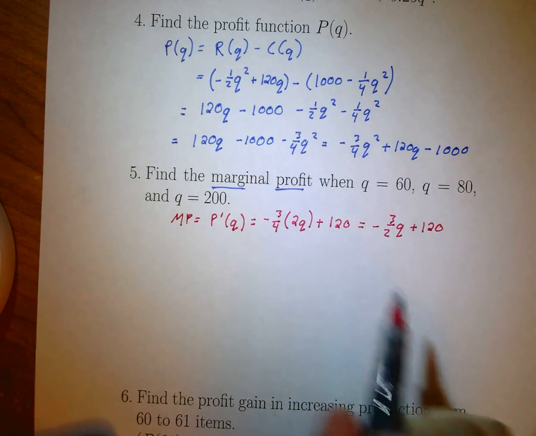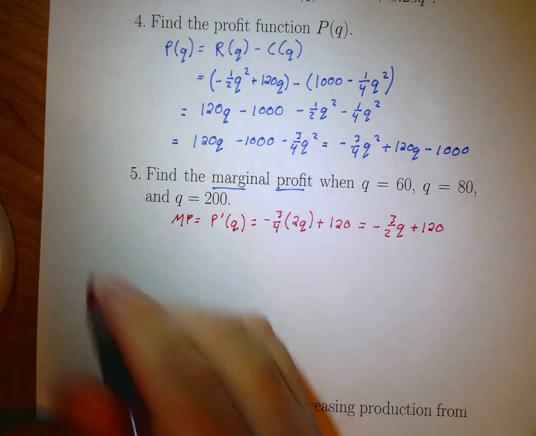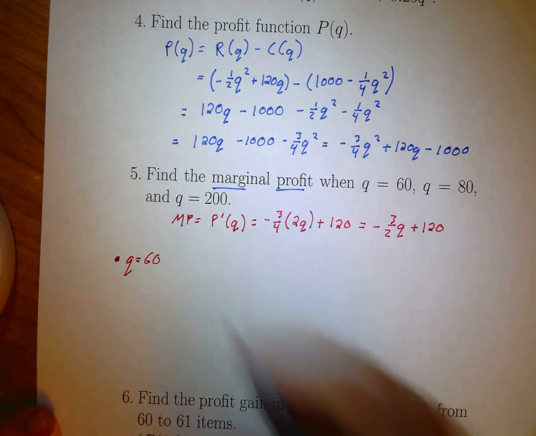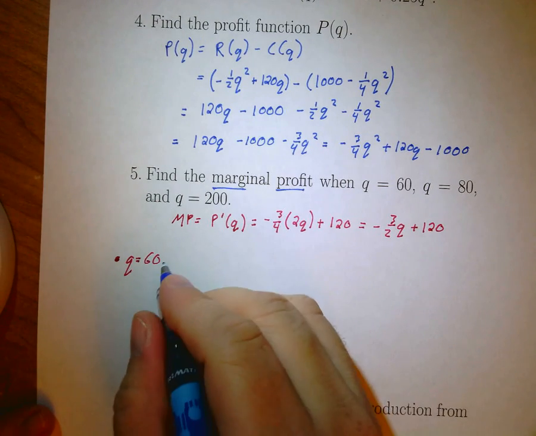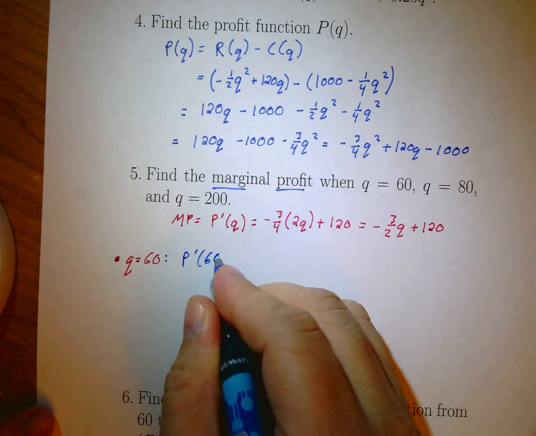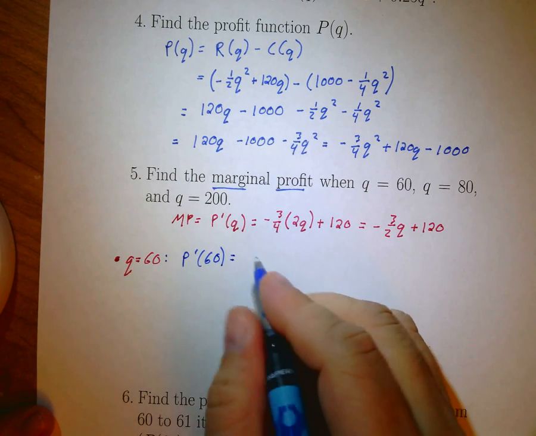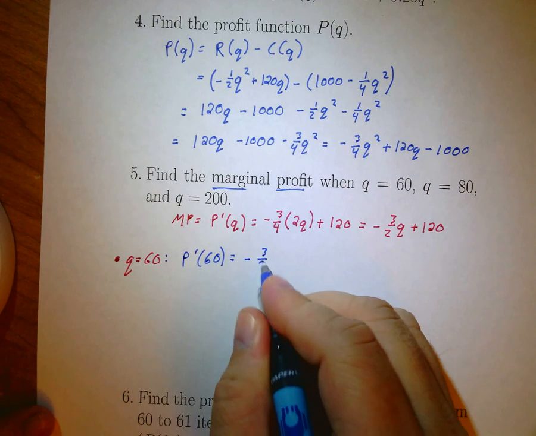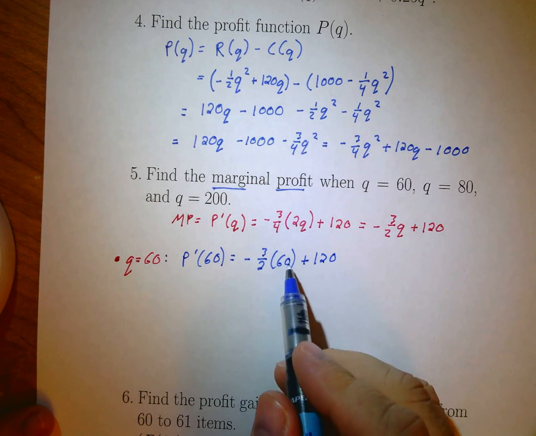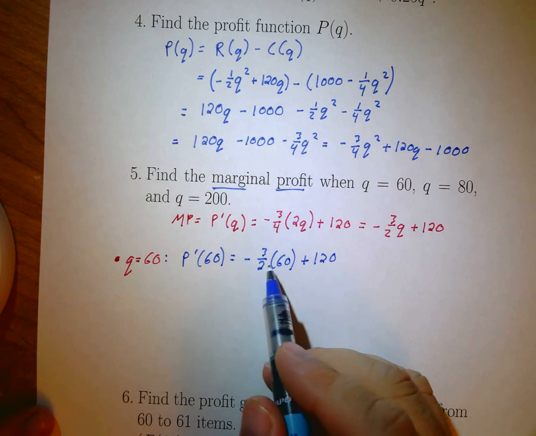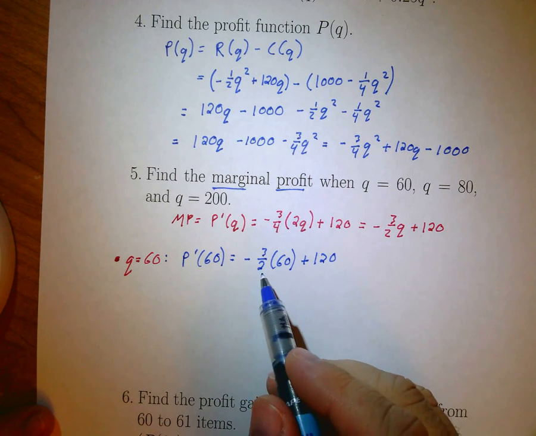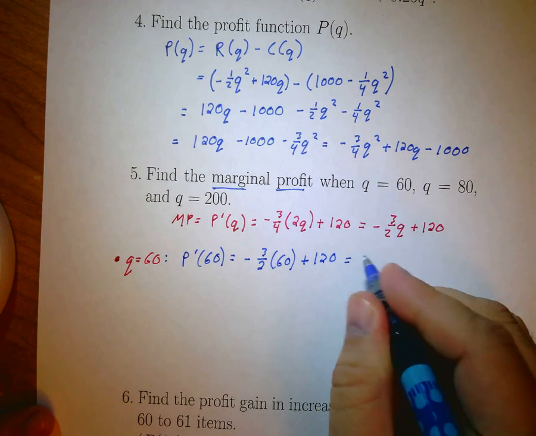Alright, now we want to compute the marginal profit when q is equal to 60, so let's do that. When q is equal to 60, marginal profit is going to be equal to negative 3/2 times 60 plus 120. So that's going to be 30 times 3, which is negative 90, plus 120, which is equal to 30.